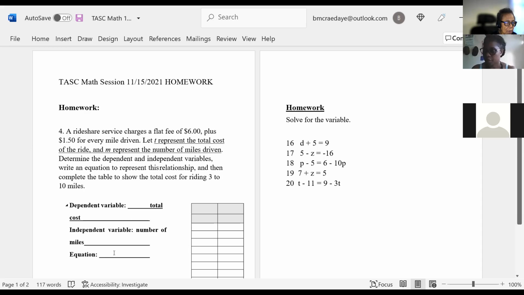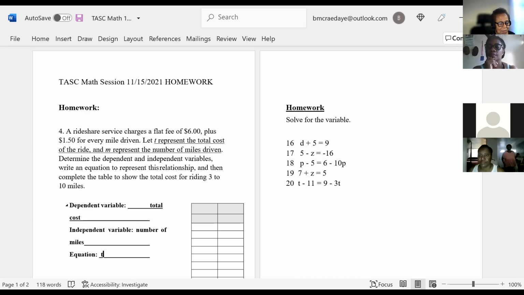My equation would be total cost, which is T. Plus? No, that's equal to something. When you have a dependent variable, it is equal to something that affects it, like 3 to 10 miles. So T would be equal to what?